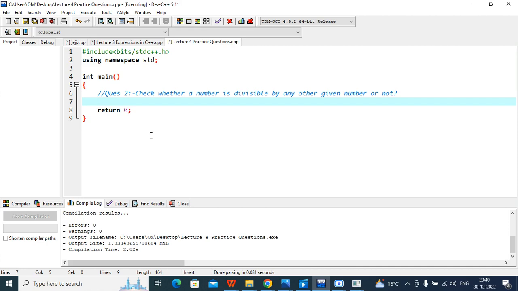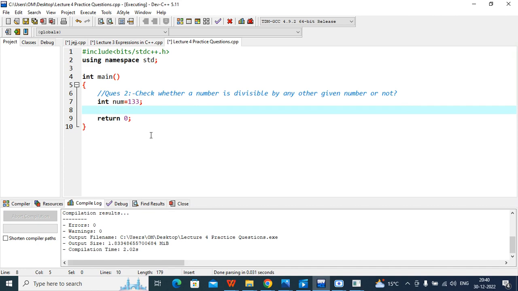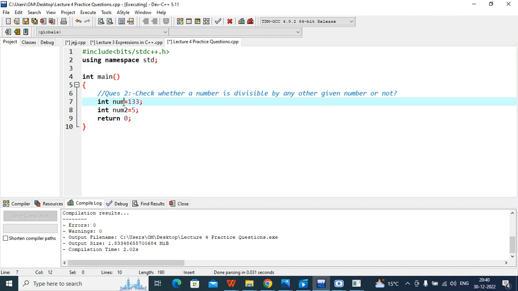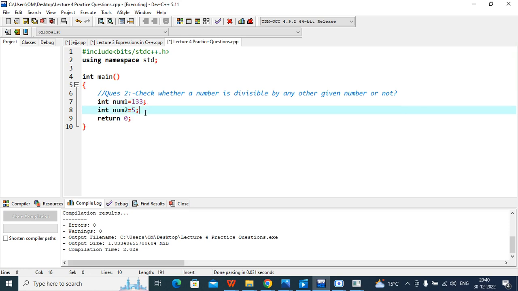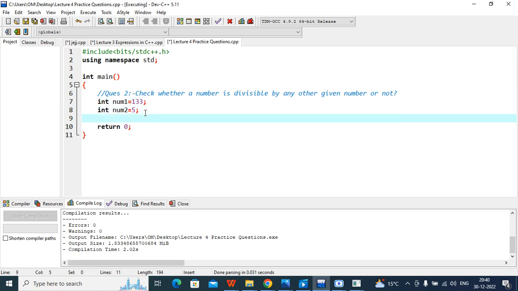Okay? So how will you check? Suppose I have given you int num is equal to 133. Suppose another number I have given you is 5. Number 1 is 133. Number 2 is 5. I am asking you to check if 133 is divisible by 5 or not.